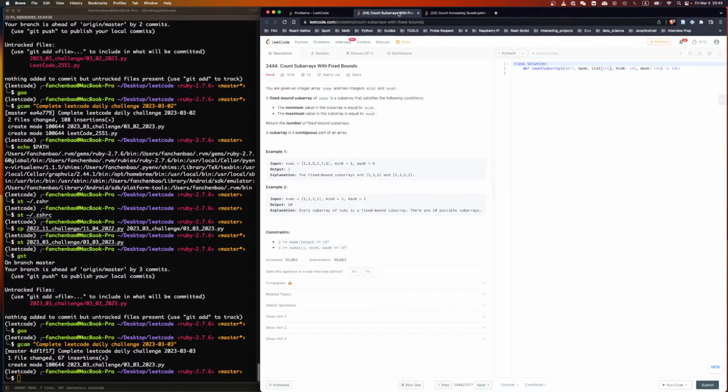So you need to count how many are on the right, count how many are on the left, and then multiply them together. Okay, so that's your base.